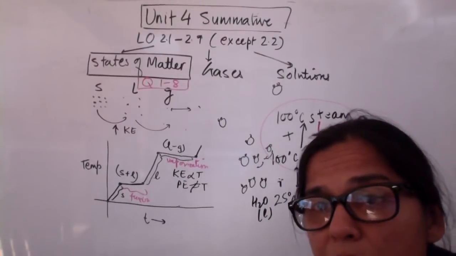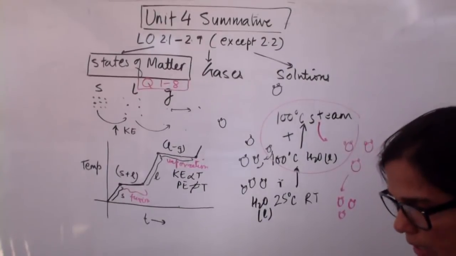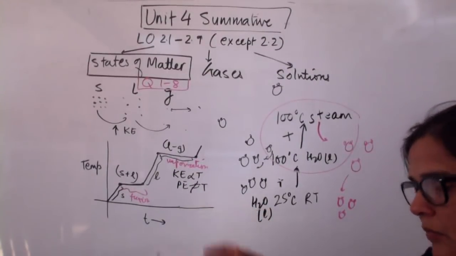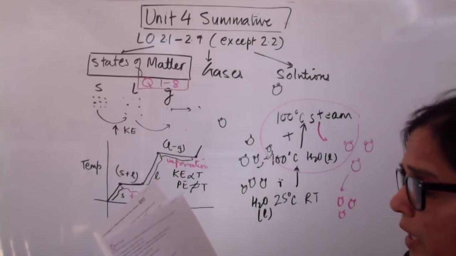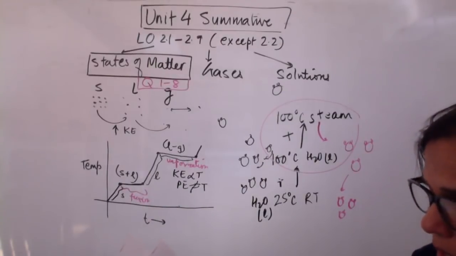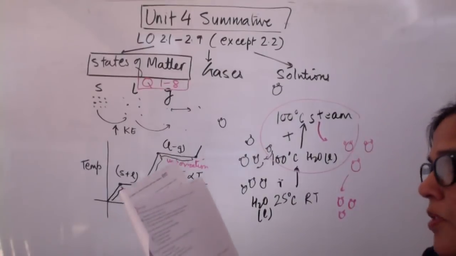Okay, Talia says, why does the answer for 8 not include E or F? The graph below, number 8, represents the uniform heating of a substance starting at melting point when the substance is solid. Which segment shows kinetic energy increases? So it is AB and CD and EF. But is there an option with all 3?